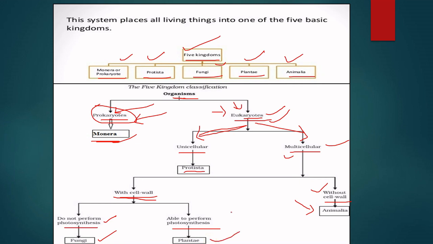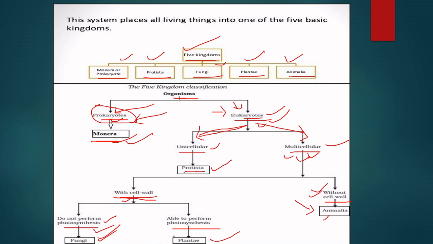So in this way, all the living organisms are placed in the 5 kingdoms. Monera, where prokaryotes are placed, and next Protista, where unicellulars are placed, and next Animalia, where eukaryotic, multicellular, and without cell wall organisms are placed, and then Fungi, where eukaryotic, multicellular, with cell wall and no photosynthesis organisms are placed.